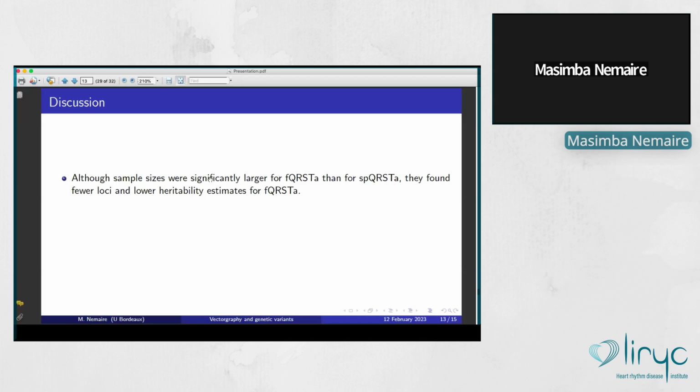You first have fewer loci, and the loci that you have are less heritable than the ones that you get from the spatial QRSTA angle. So again, should we concentrate on two-dimensional stuff, or maybe let's move to higher dimensions to take full advantage of this information that we have? Let's just use it.